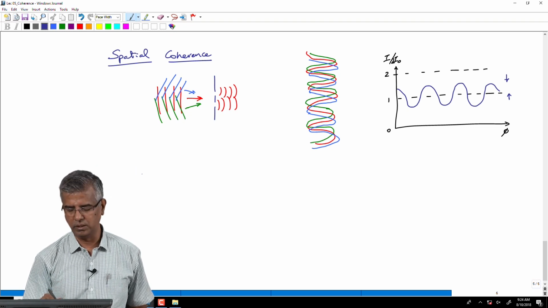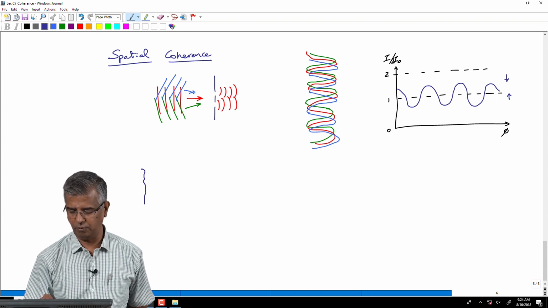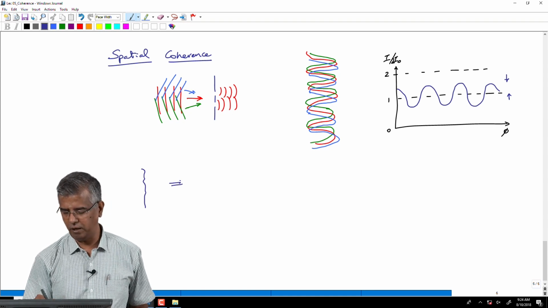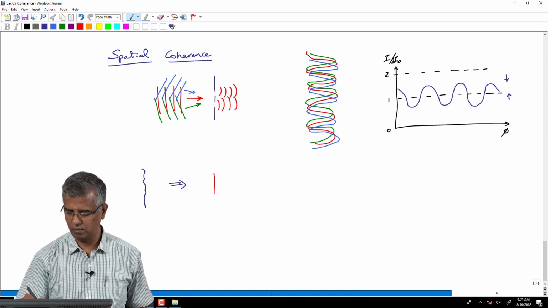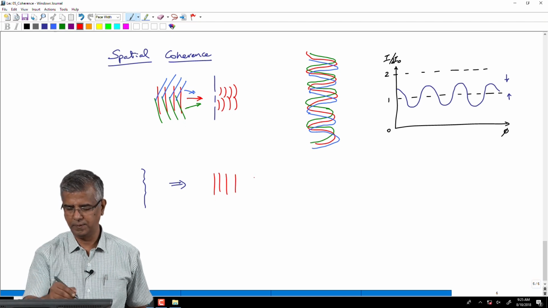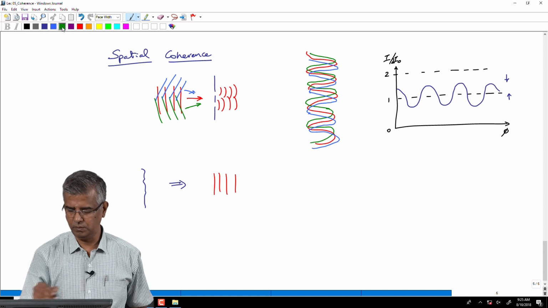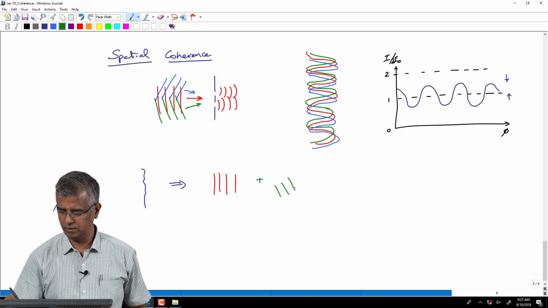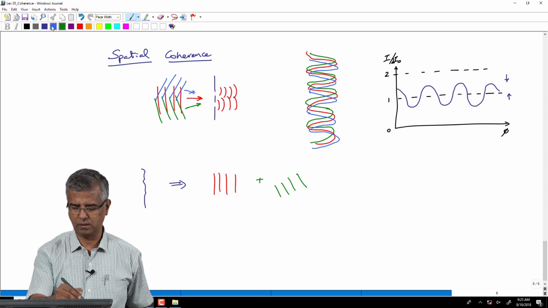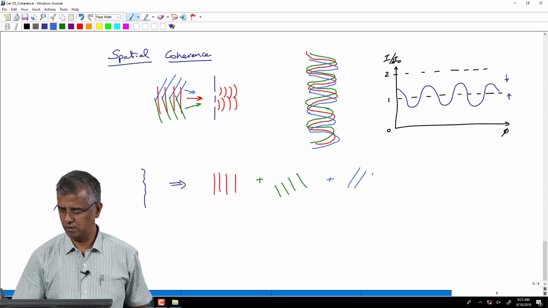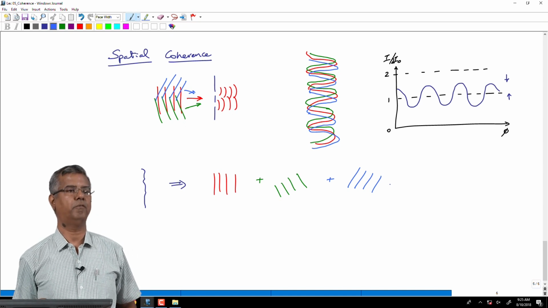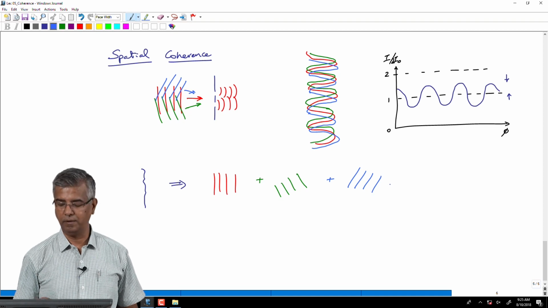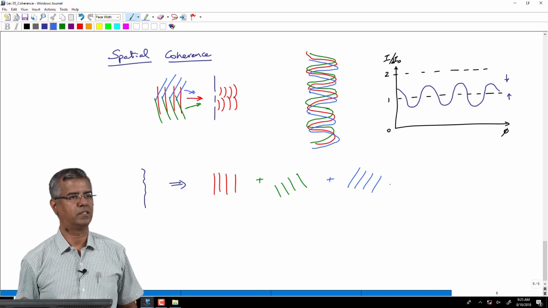So, you would have a wave front like this, and this wave front, if you decompose, will consist of this wave front plus this wave front plus this wave front. So, it will consist of all these different wave vectors, and if it has all those wave vectors, then your visibility of the fringes is reduced.